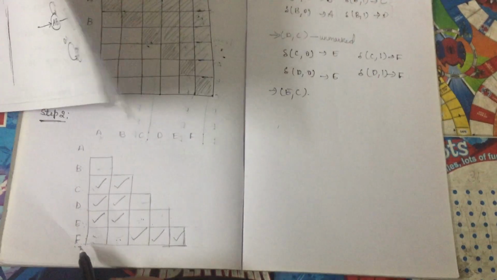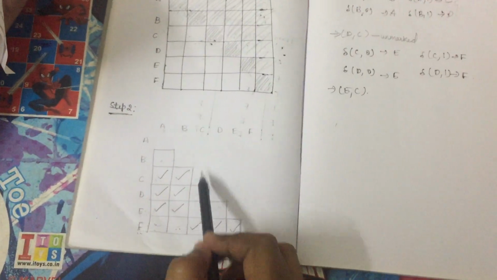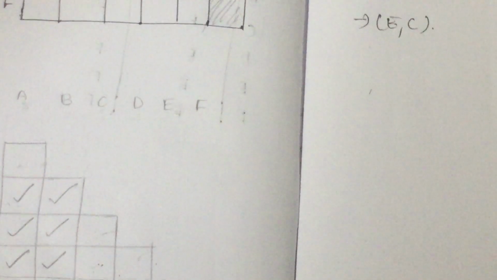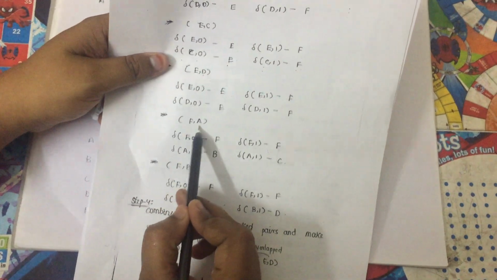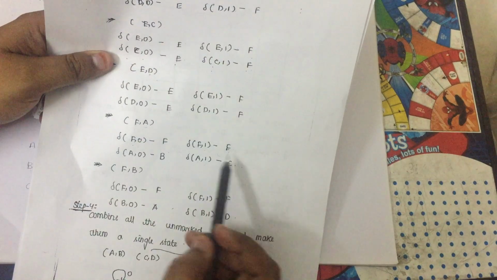If we observe here in the table in step 2, F and C. See, F and C. Here it is marked. So as this is marked, we need to mark this cell FA, because FC is the output for which pair?